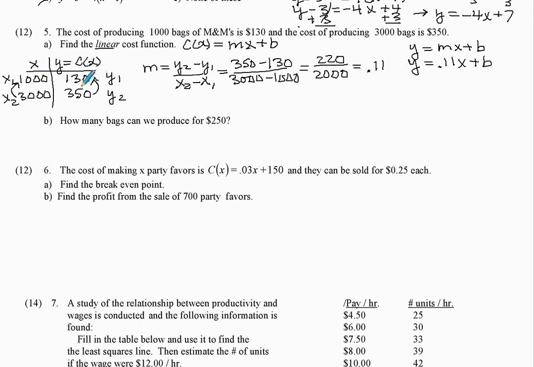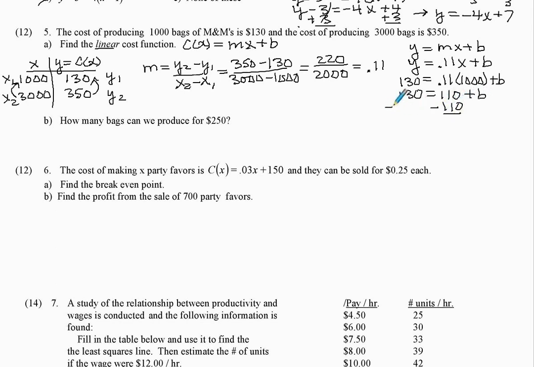So our y value is 130 when our x is 1,000. So plug 130 in here for y equals 0.11, and our x here is 1,000 plus b, and so we get 130 equals, multiplied by 1,000, just going to move the decimal 3 places over, so this will be 110 plus b, and now subtract 110 on both sides.